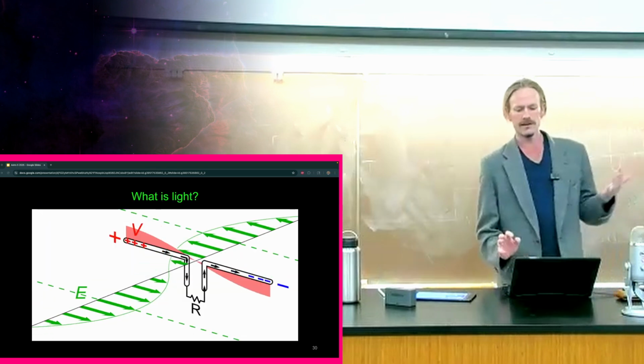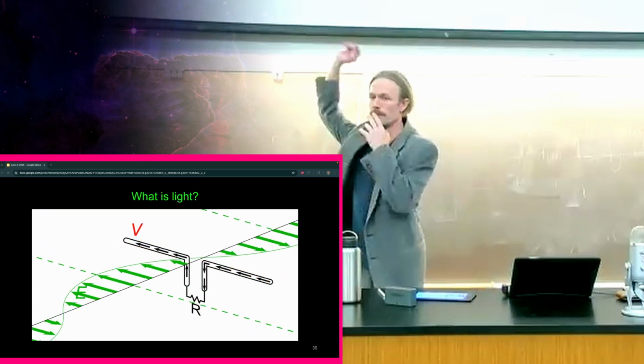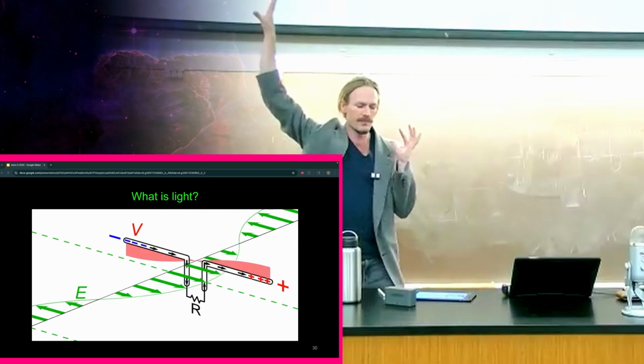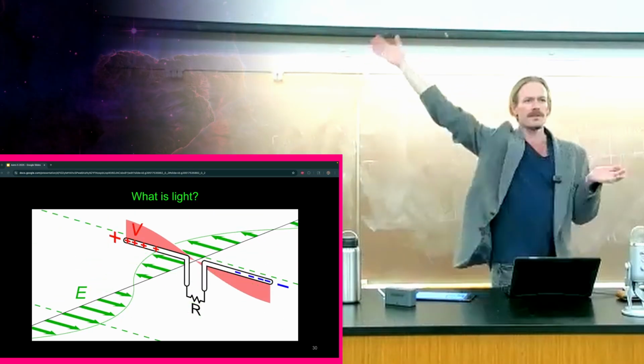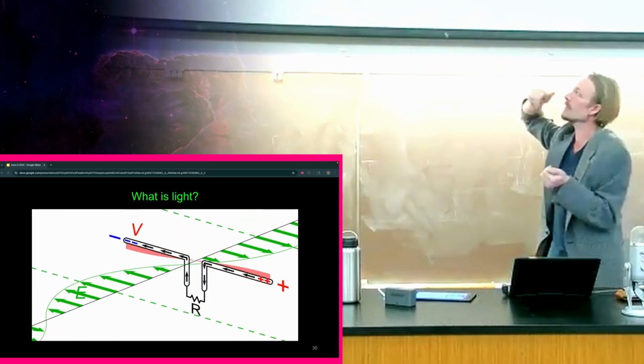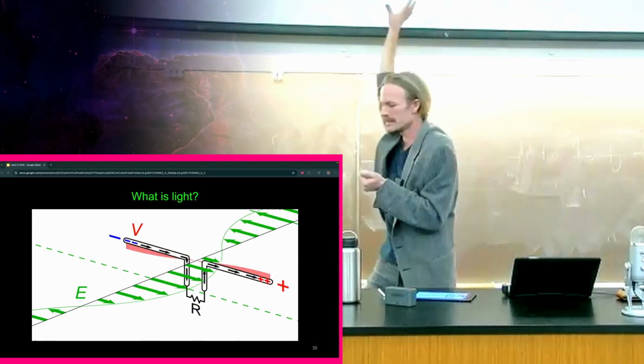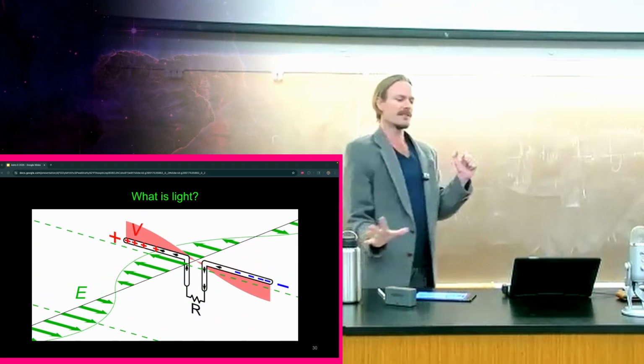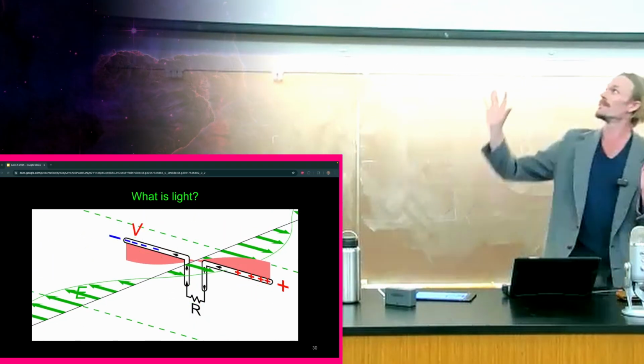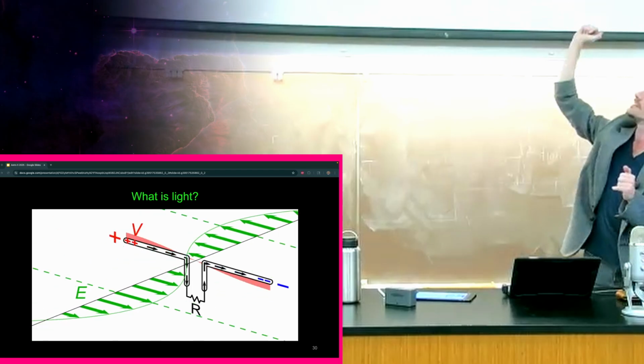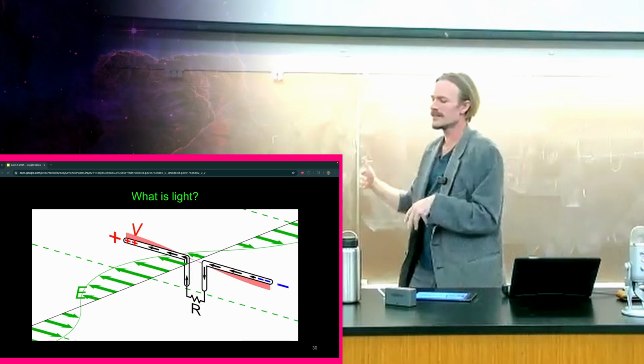So then we can roll back to our basic idea about light, which comes from the antenna. Again, I think the antenna is the best laboratory for understanding light because we can see what the atoms are doing at one end and we can see what they're doing at the other end.